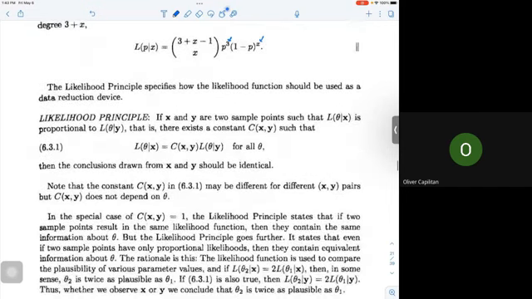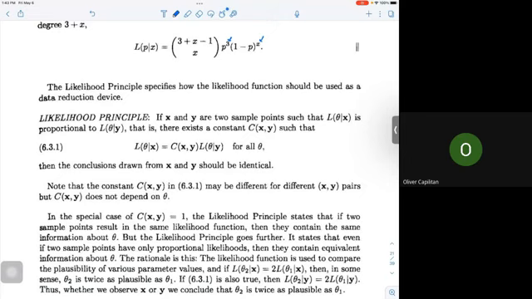We have here the likelihood principle: if bold small x and bold small y are two sample points such that the likelihood function of theta given the sample point x is proportional to the likelihood function of our parameter theta given the sample point y, proportional, take note of that.